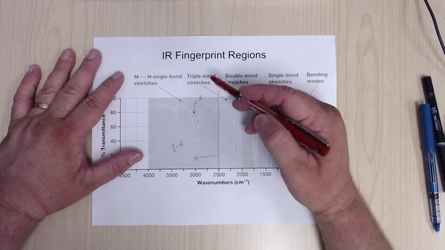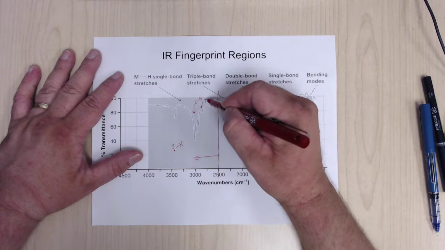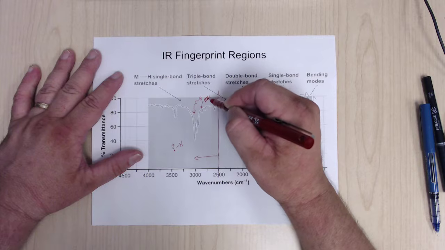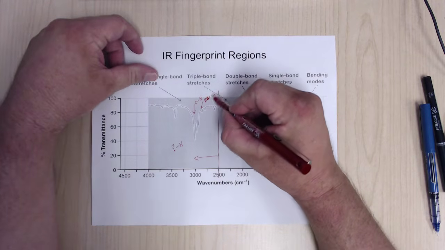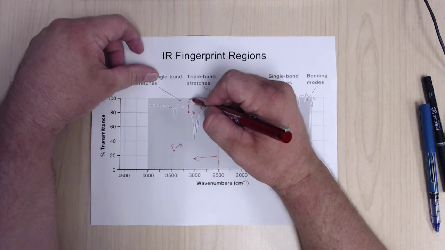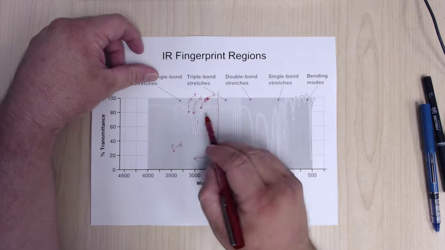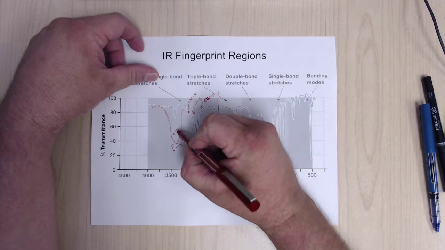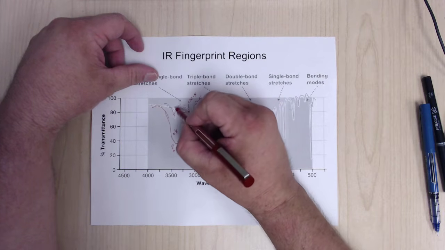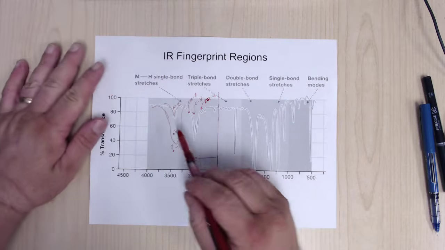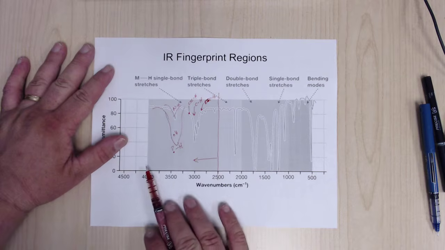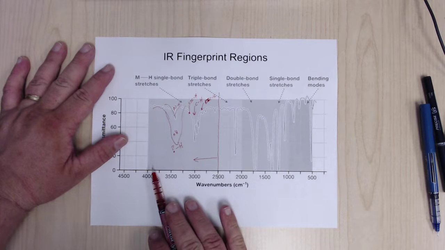The alkene CH peak, I believe, is right there, and then the alkyne CH peak, I believe, is over here, but they're right around in here. The OH is typically like this big broad thing. NH would be a little bit smaller, also in this region. But things above 2500 are going to be things bound to H.